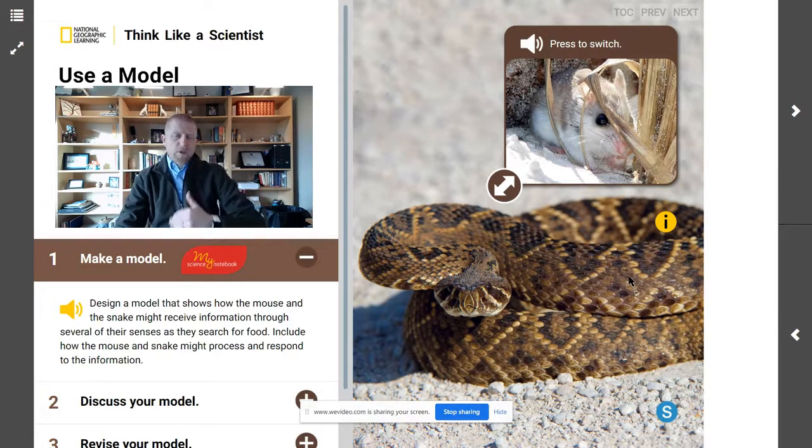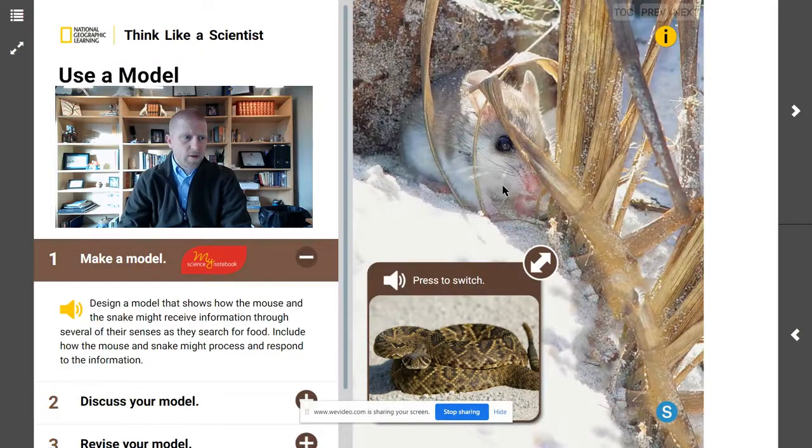So as we go through this lesson, you're going to have to do some research to learn some things about the sense receptors of a mouse and of a snake. So let's jump into our information and see what else we can learn here about these two particular animals.